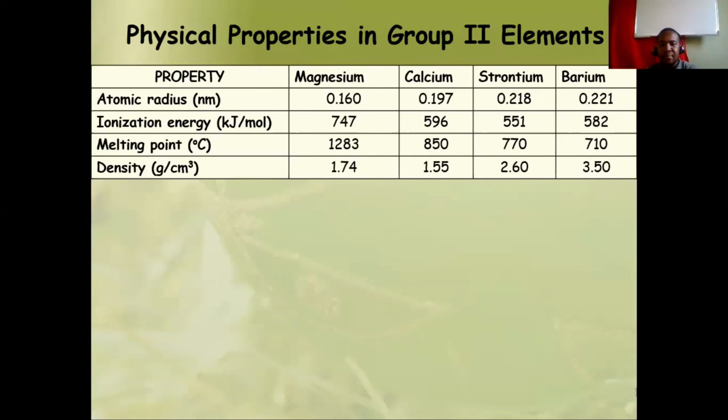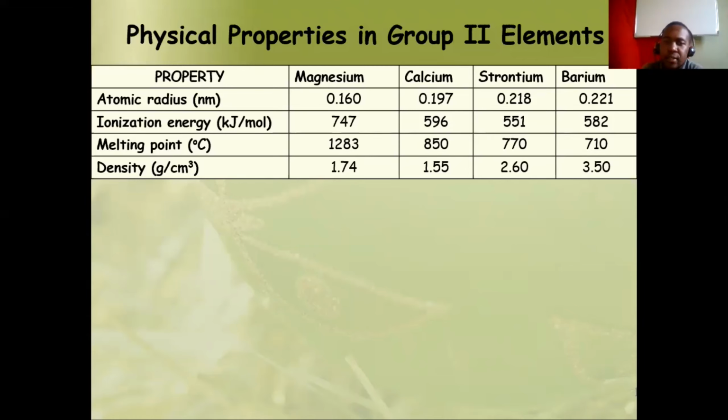What specifically changes between magnesium and barium that makes the densities increase? Because they're getting bigger, so getting bigger means what? Mass is increased, great. Exactly. So the mass increases when you go down the group, and therefore their densities will increase.